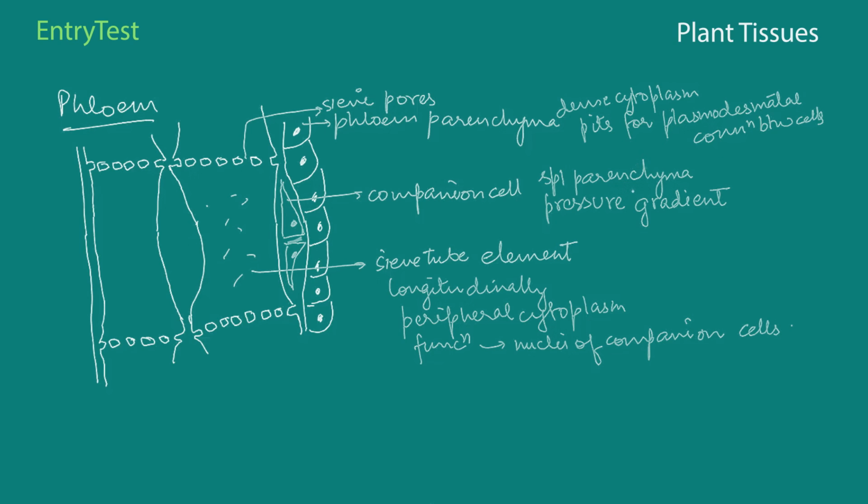Coming to one more part which is left, which is phloem fibers, also known as bast fibers. These are nothing but sclerenchyma cells. They are not present in the primary phloem. So made up of sclerenchyma, they are unbranched and elongated.